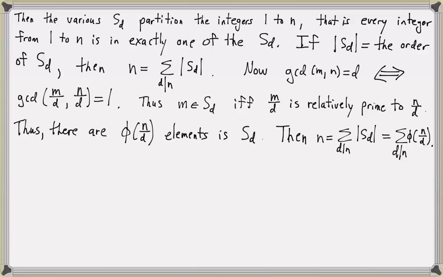What remains to show is that this sum will be the same as if I replace phi of n over d with just phi of d.